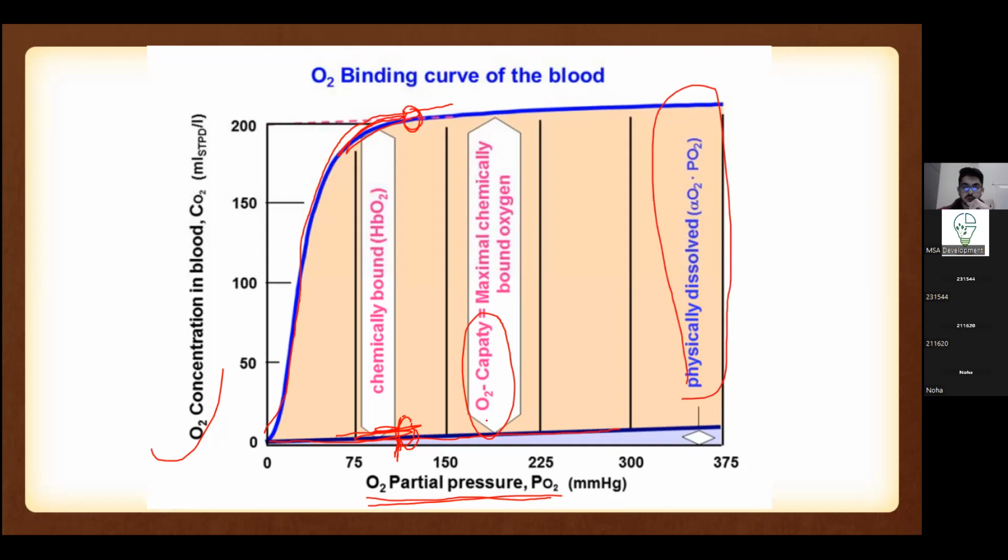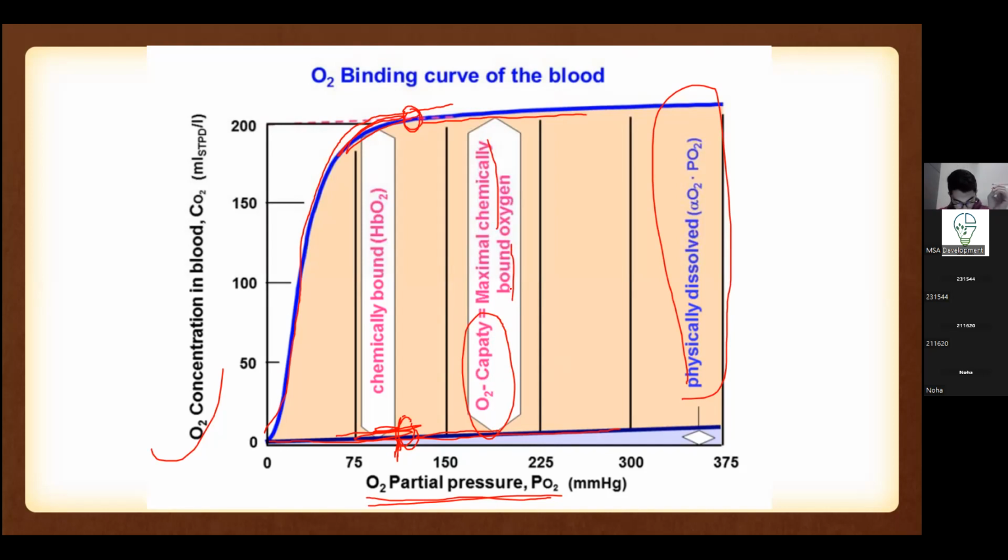From that point on, you can see that both graphs are going to increase at the same rate, or you can just say that they are moving in parallel, which means that all the increase is going to be for the physically dissolved. Again, you need to know a very important concept: O2 capacity only includes the chemically bound. It has nothing to do with the physically dissolved.